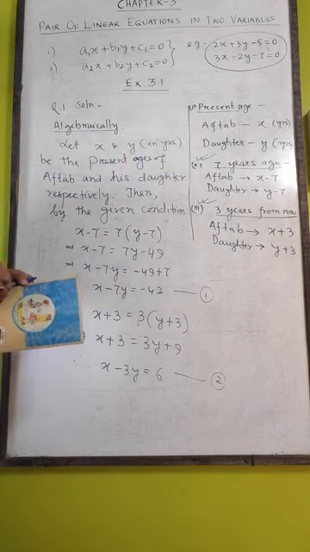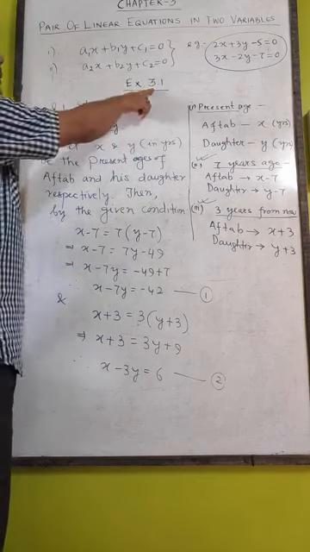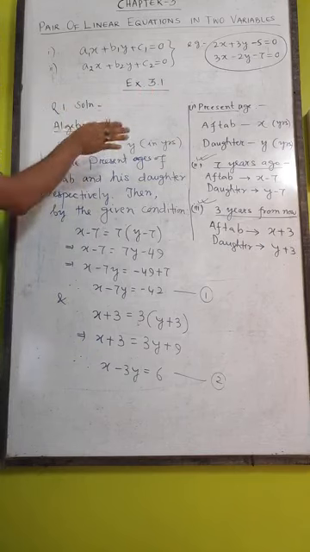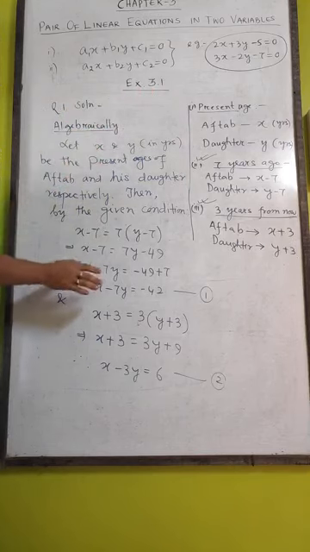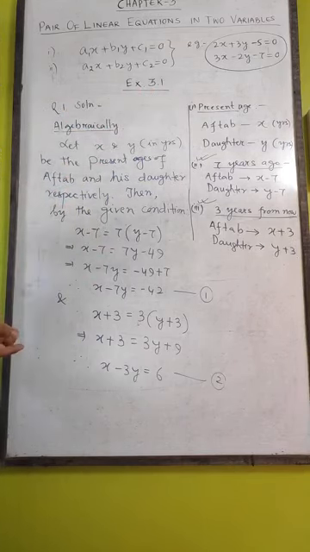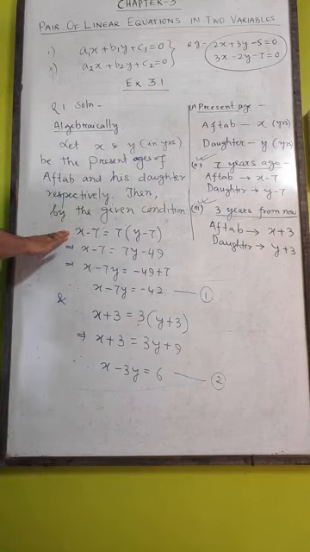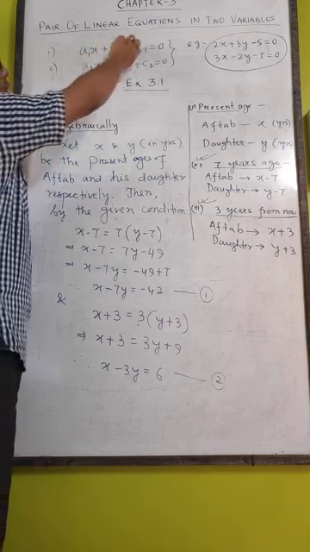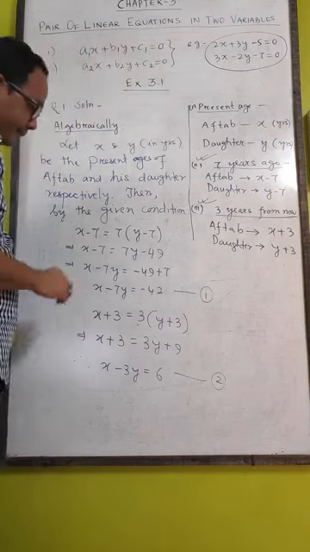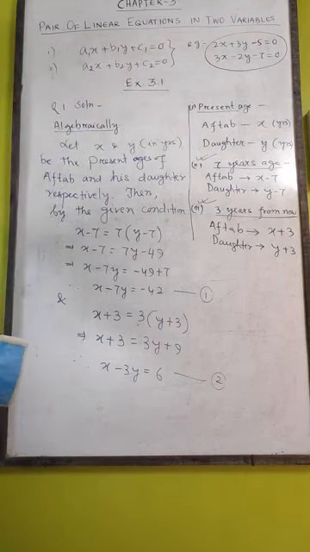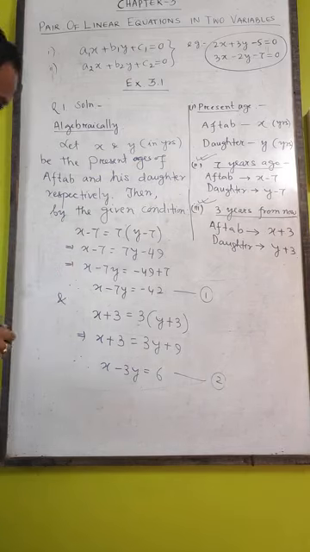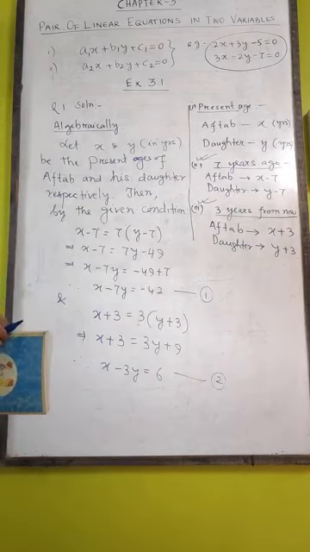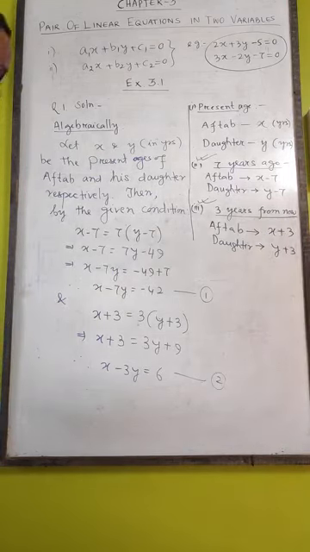So in question number 1 of exercise 3.1, we have to solve the problem algebraically and also graphically. We need not find their present ages. We simply have to form the linear equations in two variables like this. So these are the two algebraic equations.